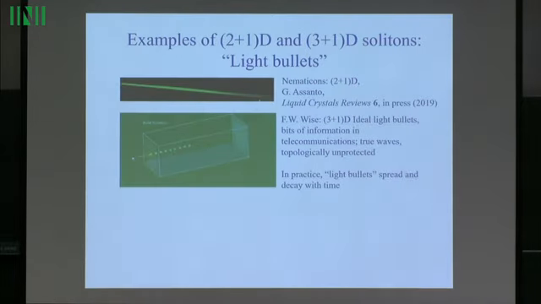And these nematicons have interesting counterparts that are of extreme importance, so-called light bullets. Many research groups are now working on how to make light self-confined into small particle-like three-dimensional entities, like a bit of information, the so-called light bullet.